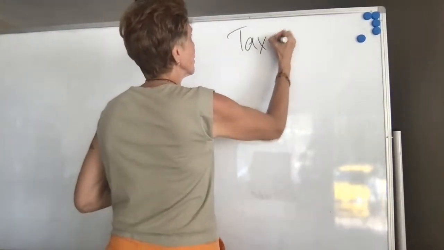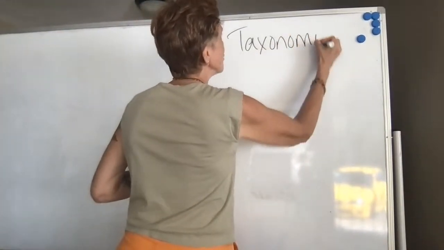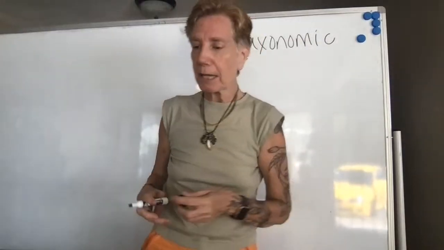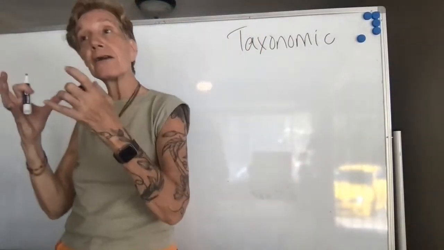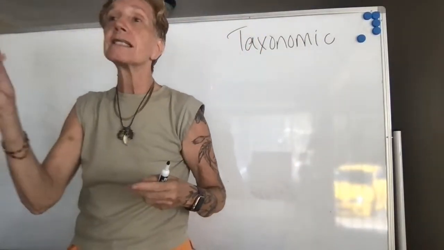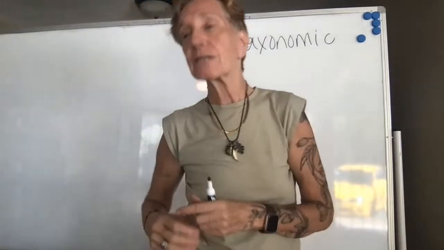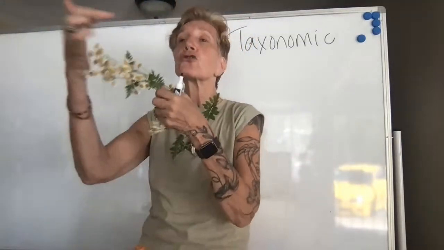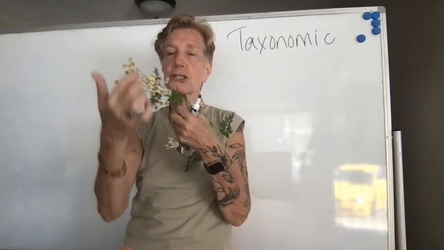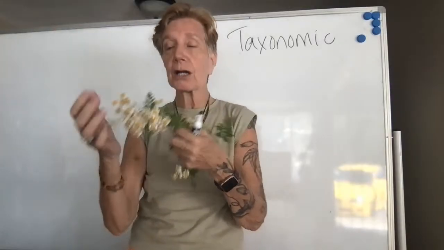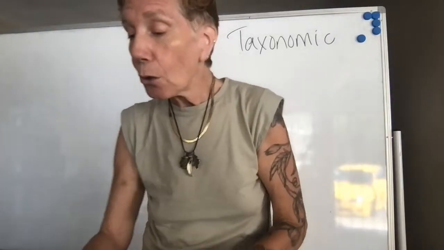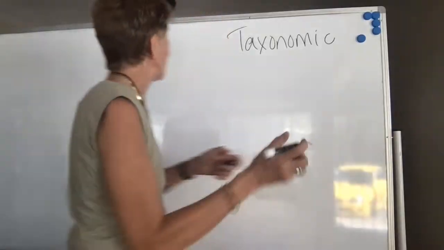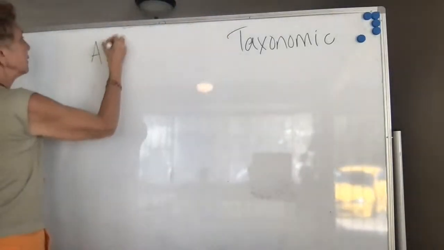So the taxonomic nomenclature of plants allows us to identify families of plants, right? That's one of the ways that we classify, and that has long been associated with the structure of the flower primarily.